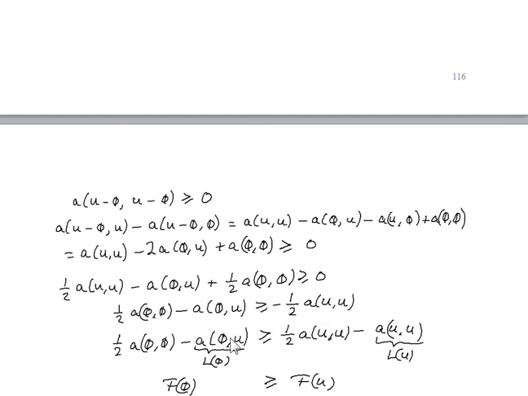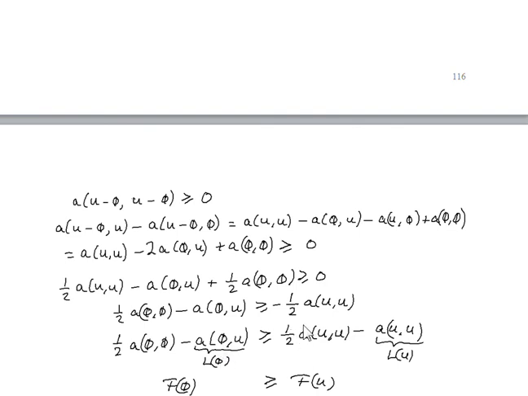Okay, now I go back, and you remember that we have already assumed double star. So we have assumed that A of phi, U is indeed equal to L of phi for all phi.